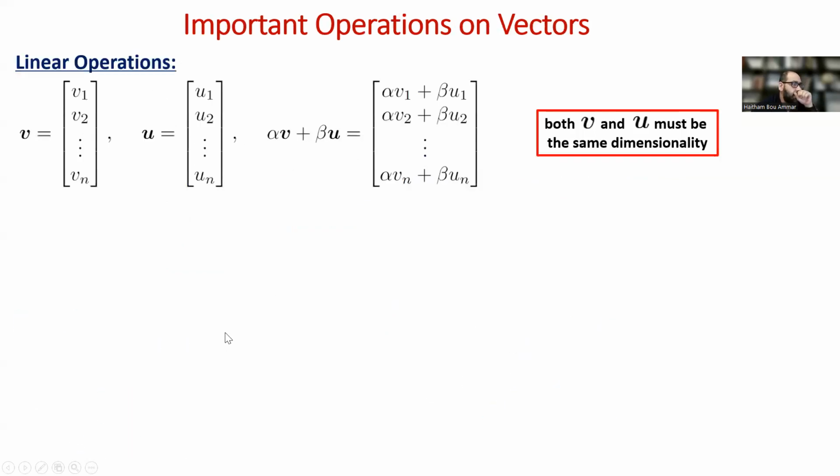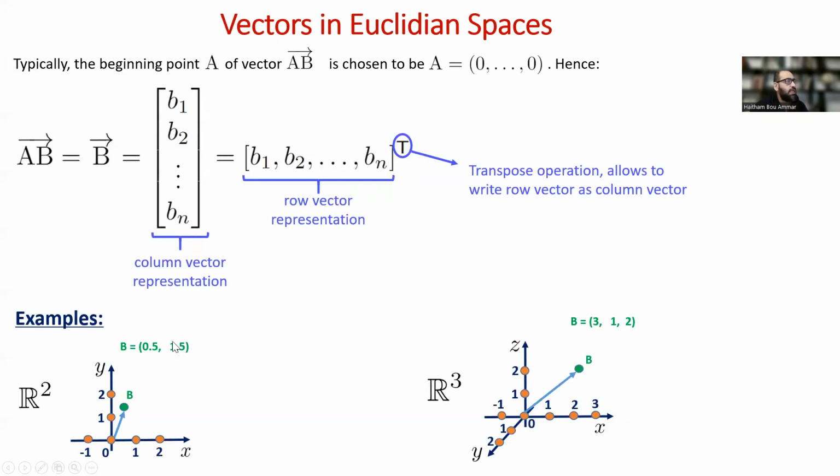So here are some examples. Because we choose our beginning point to be the point 0, 0, or in R3, 0, 0, 0, the vector A, B will be going from that point 0, 0 to the point B. It will have a pointing direction from 0, 0 to point B, and that would be this vector b. I could write this vector b in terms of b1 and b2.